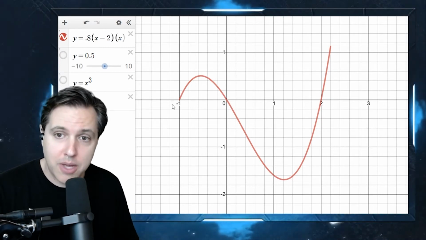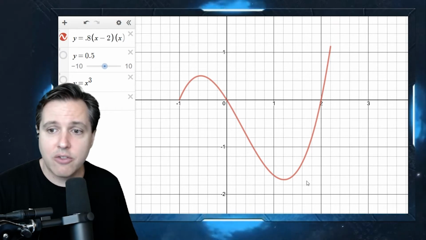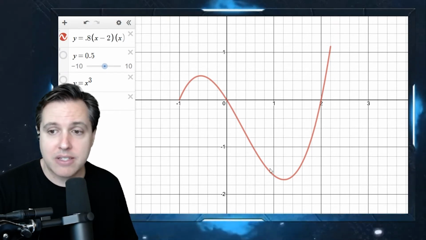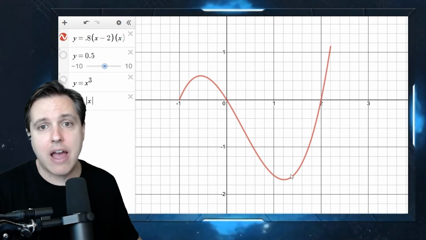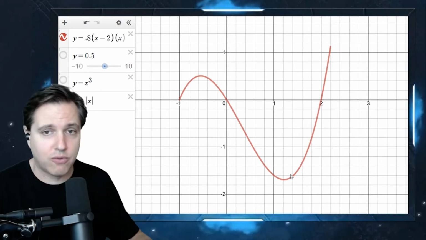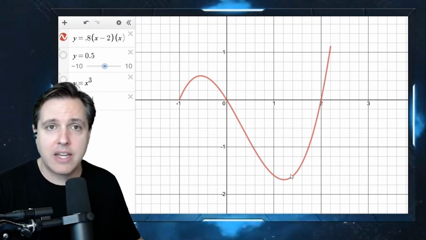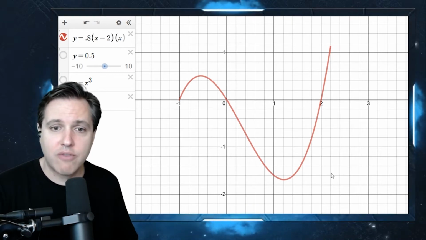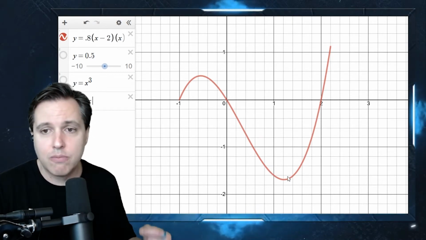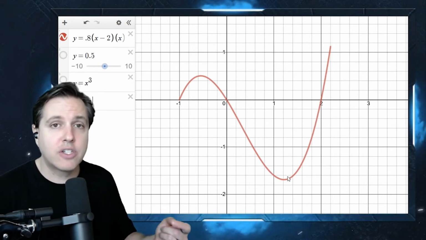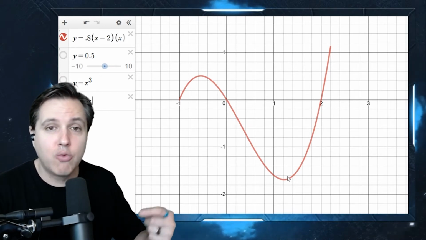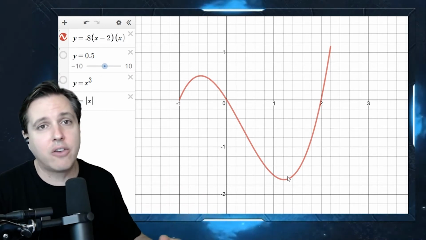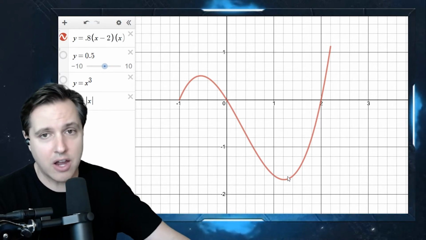This would be a local minimum right here. And down here, this would be the absolute minimum because that's the minimum for the entire graph that we have. For the way we have our function defined as its graph, this is the lowest value you can get. So that would be the absolute minimum. All right, and then this first section is really trying to figure out how can we use calculus to get those values. And this is a lot of what this chapter is about.